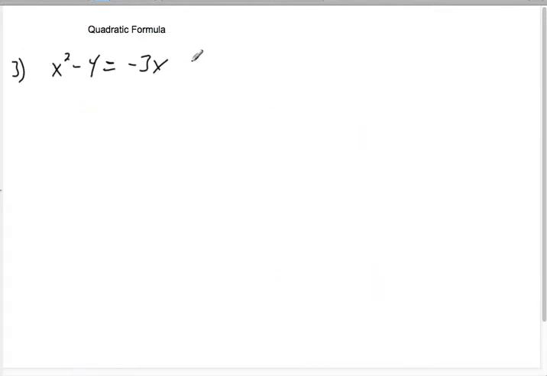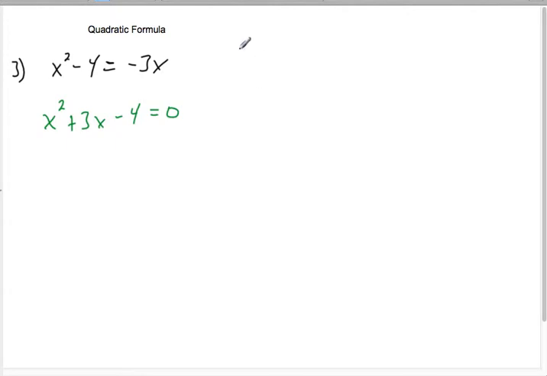Alright, using the quadratic formula. Before we use the quadratic formula, we have to put it in standard form, and make sure we have 0 on one side. So we're going to add 3x to both sides. So now it's in standard form, and it's equal to 0.